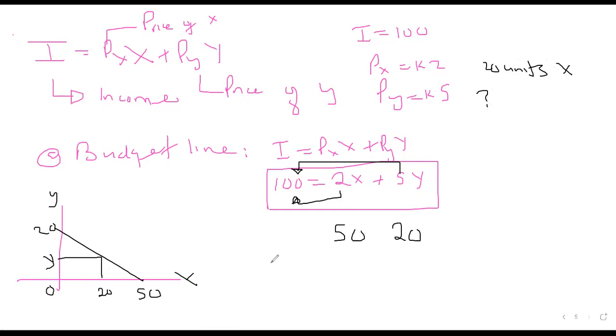We simply substitute in this equation. 100 is equal to, where there's X, we put 20.